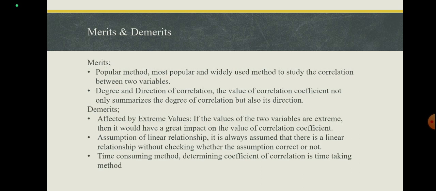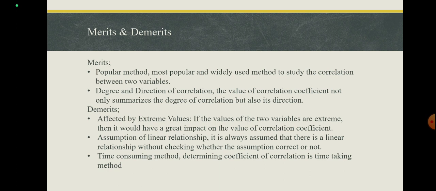Next we can talk about the merits and demerits of the coefficient of correlation. First merit: it is a popular method, a widely used method to study the correlation between two variables.